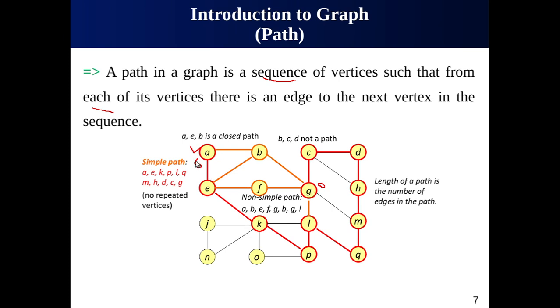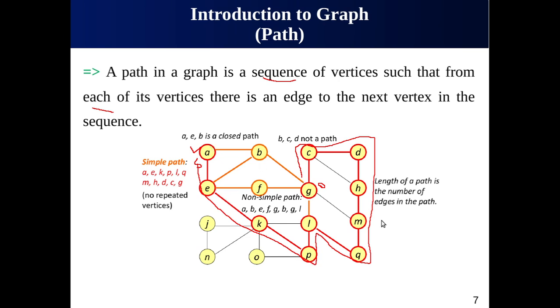This is an example of a path. The red lines are representing a path from source to destination. You can see this is a sequence of nodes, and every pair of nodes is connected by a link.